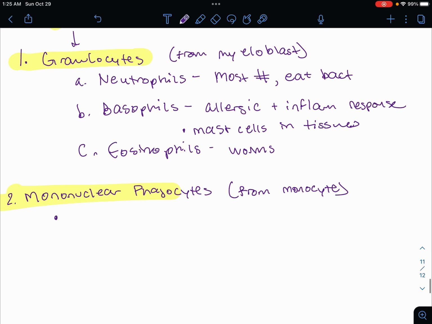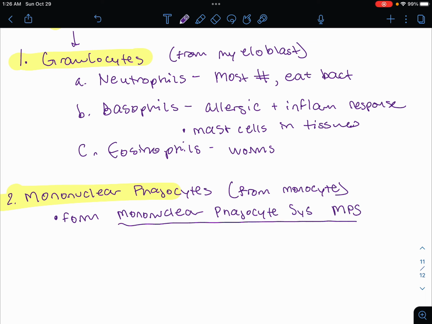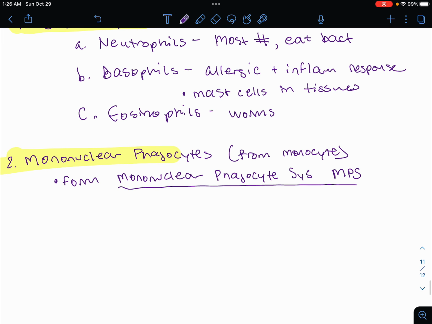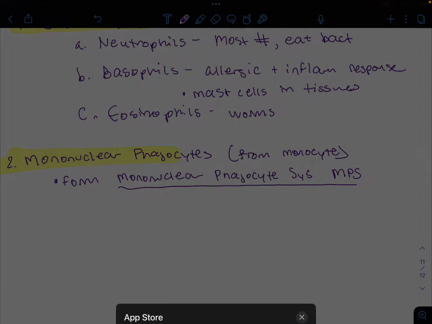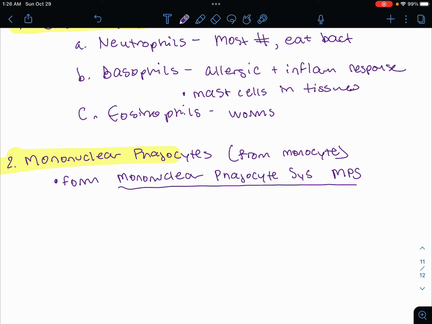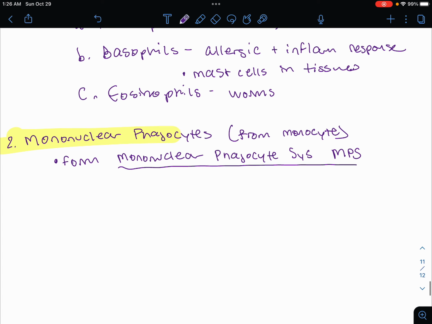And these are going to form something called the mononuclear phagocyte system. This is again one of our abbreviations, the MPS. They're going to include monocytes, which are going to circulate in blood, and then the cell types that they develop into will be going through that process of development as they leave the bloodstream.